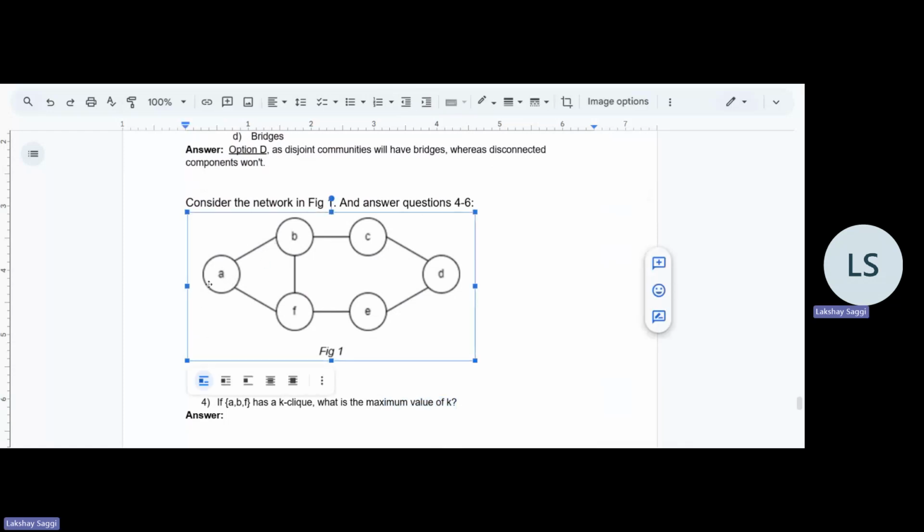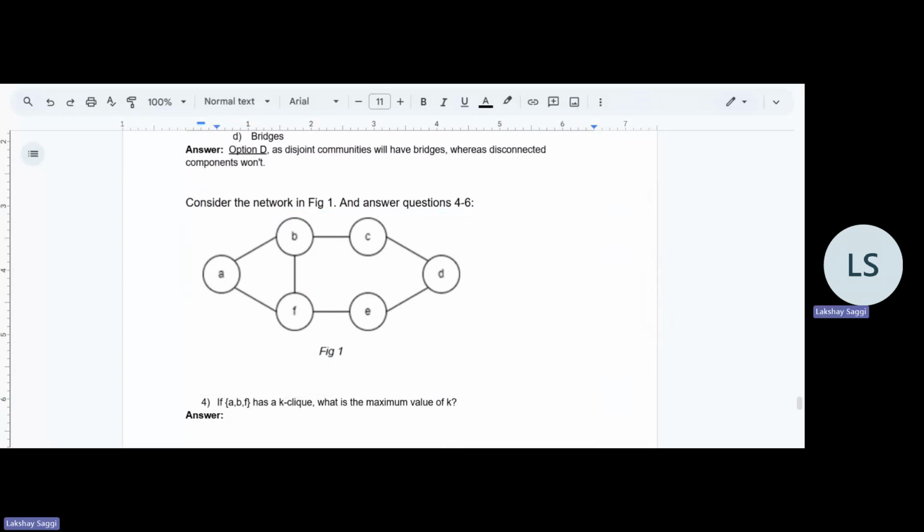So let's say this subset of nodes A, B, F is a K clique.